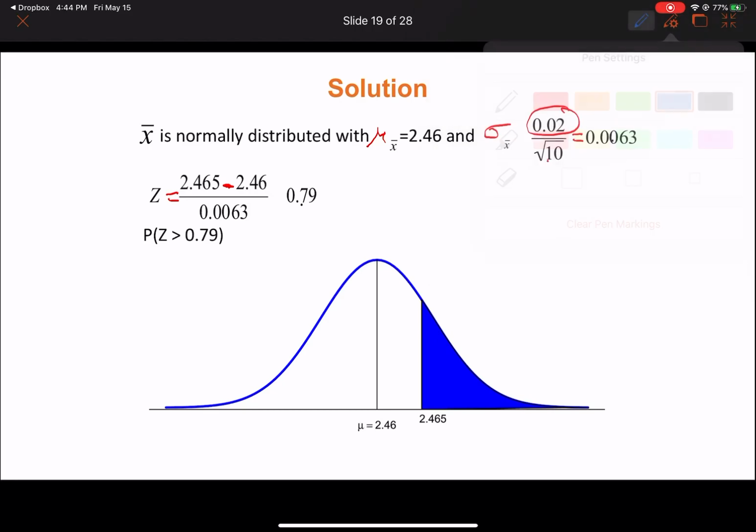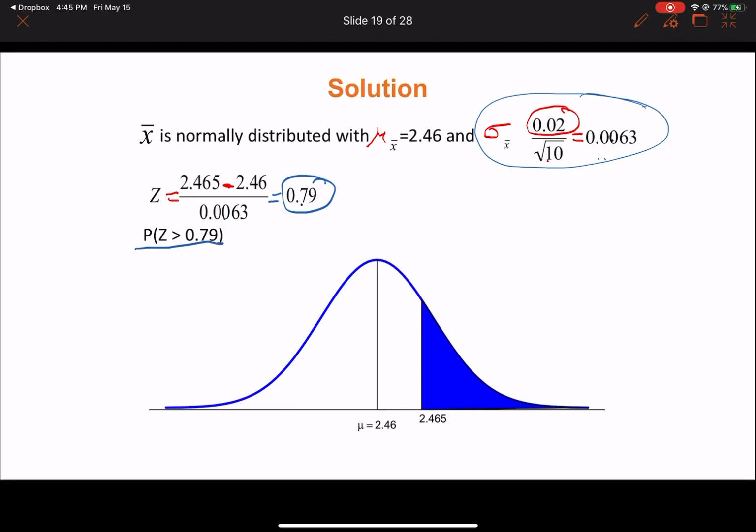As I said before, this is the standard deviation you are going to use. You kind of ignore the population standard deviation after you've calculated your new one. So divided by that new one, my z-score is 0.79. So I'm looking for the probability that z is greater than 0.79.